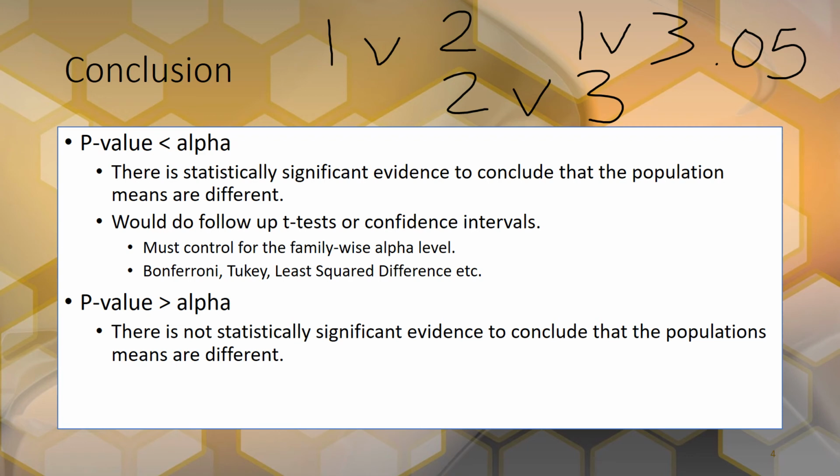So you're going to do 0.05 divided by 3, and that equals 0.017, or about that. And so you could do t-tests or confidence intervals with your alpha level of 0.017 for each of them. And if you do that, then your family-wise alpha level will be 0.05. And so you'll keep it at the level that you want it to be.